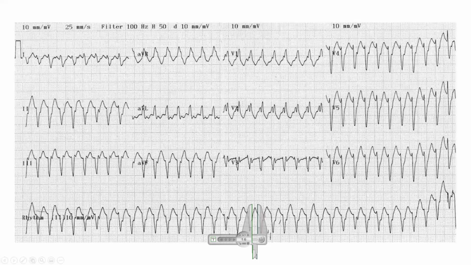All right, so going back to this one, there is a possibility that this is a ventricular tachycardia or a supraventricular tachycardia with aberrant conduction. Can you actually differentiate between these two? The answer to that is yes. But it can be very difficult, and even experienced clinicians can misdiagnose ventricular tachycardia as supraventricular tachycardia or vice versa.